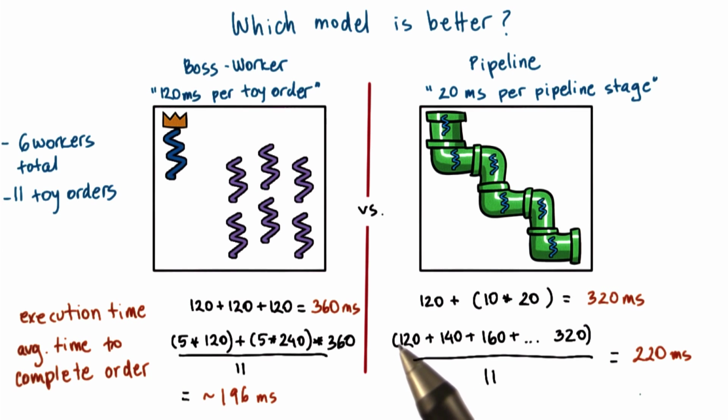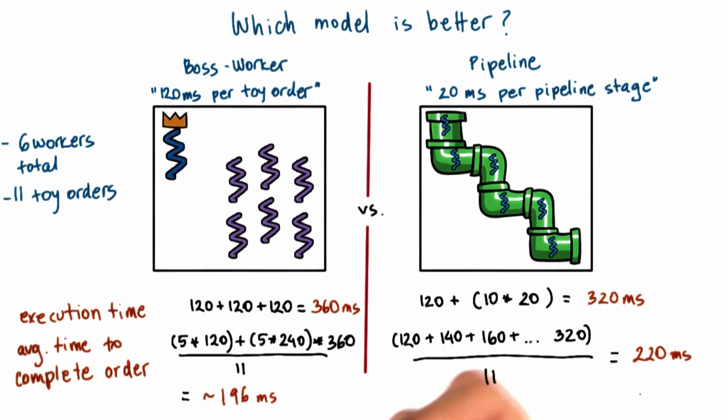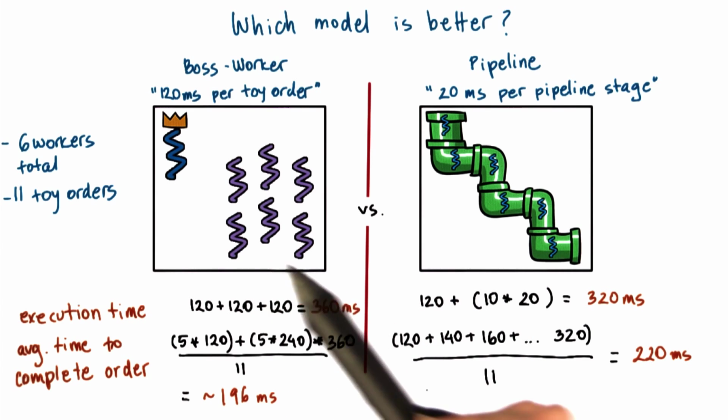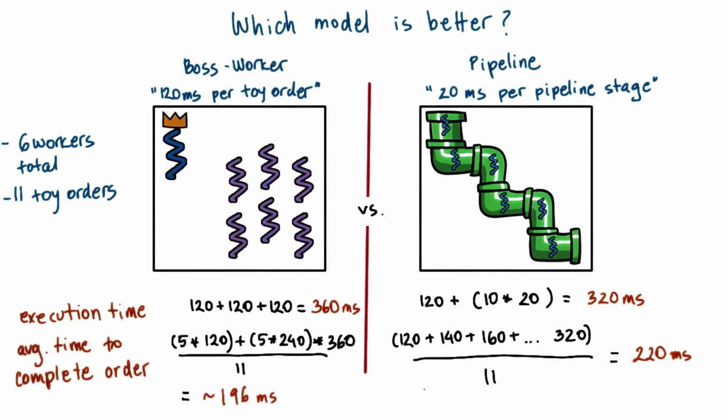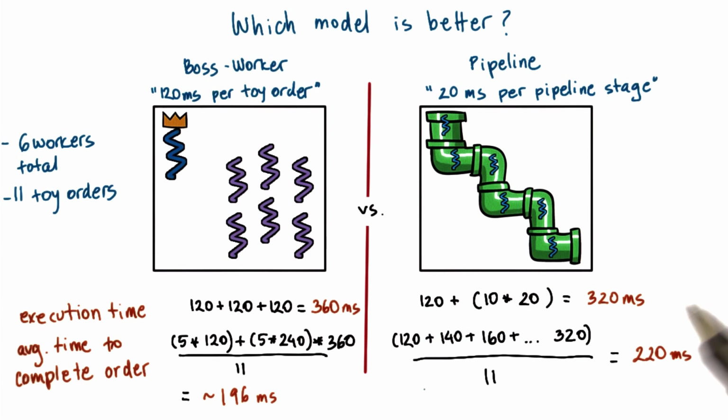Now, the important thing is that when we look at a specific configuration, if we are the toy shop manager concerned with completing as many orders as possible in a fixed amount of time, then maybe we'll choose under these circumstances the pipeline model because it gives us shorter execution time. However, if we're the customers of that toy store, then we probably would prefer the other model, because the orders will be completed in a shorter amount of time.